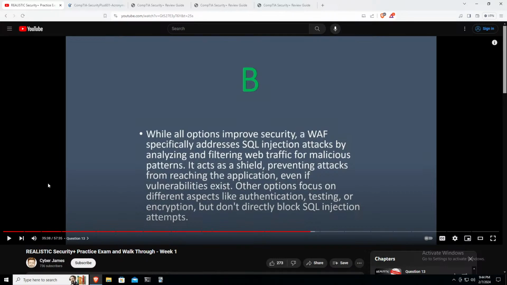While all options improve security, a WAF specifically addresses the SQL injection attack by analyzing and filtering web traffic for malicious patterns. It acts as a shield, preventing attacks from reaching the application, even if the vulnerability exists. Other options focus on different aspects like authentication testing or encryption, but don't directly block SQL injections.